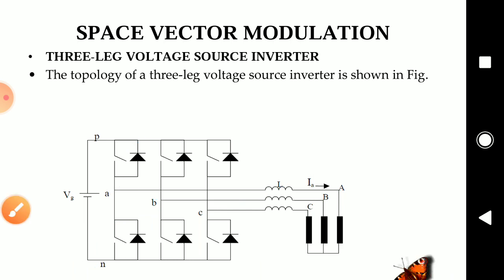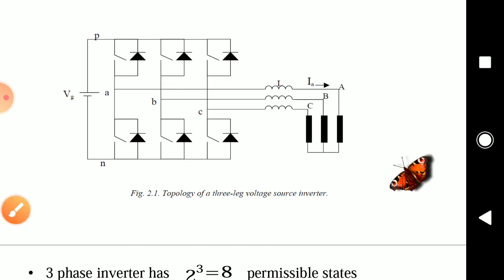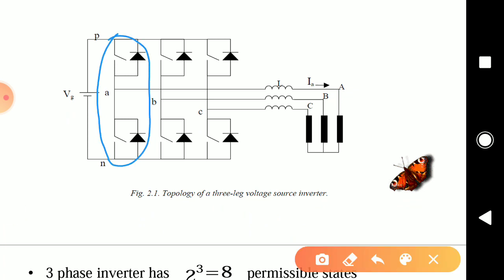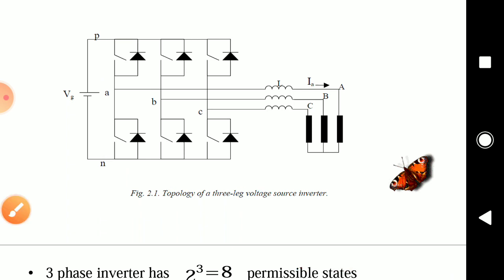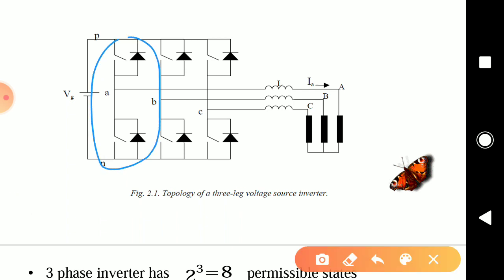Now we are also familiar with one thing in the inverter circuit. If you take this particular section, you will call it one leg of the inverter. So how many legs does this inverter have? It has 1, 2 and 3 legs, right? Our inverter has 3 legs, and we know that in one particular leg, only one switch will be on at a time.